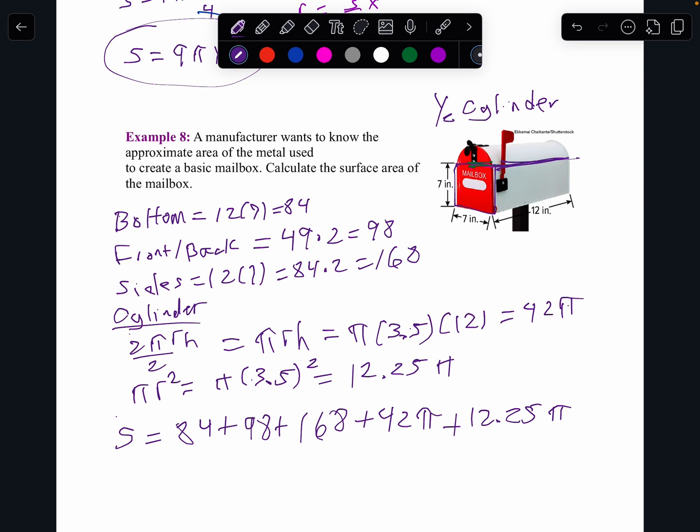So 84 plus 98 plus 168 plus 42 pi plus 12.25 pi, and notice you get, we'll round it to the nearest inch, 352 square inches. A lot to do with surface area here.